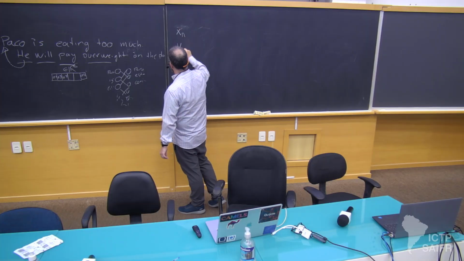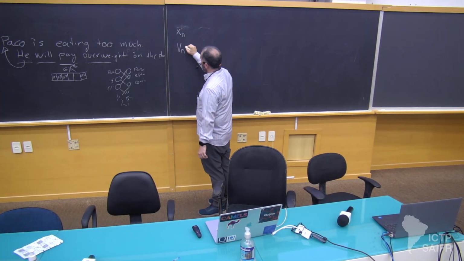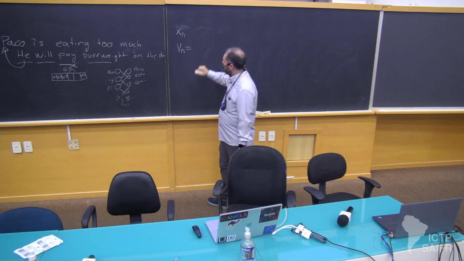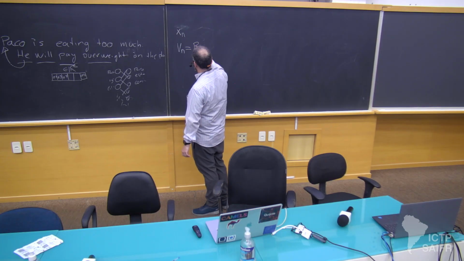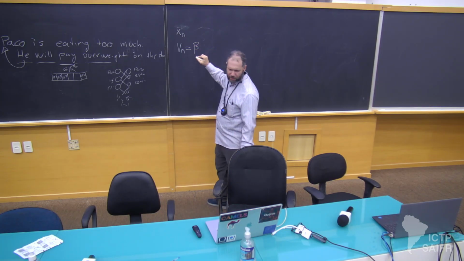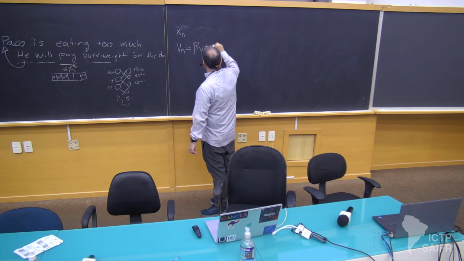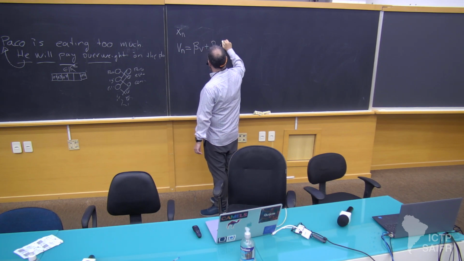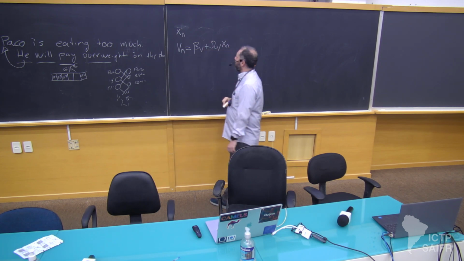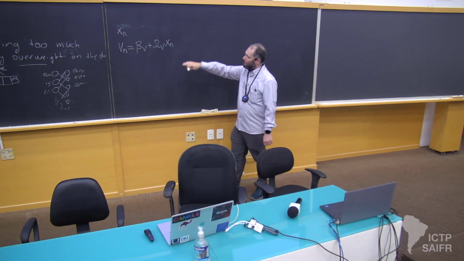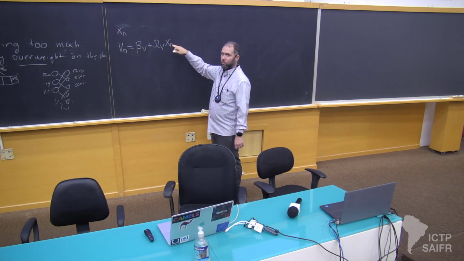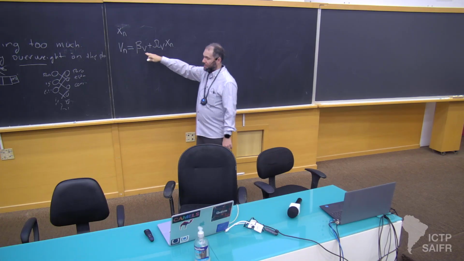You compute something that is called the value. The value is just defined as beta v, from value, plus omega v times xn. So what I'm having here is a vector with some dimensions, this is a matrix, and this is another vector.